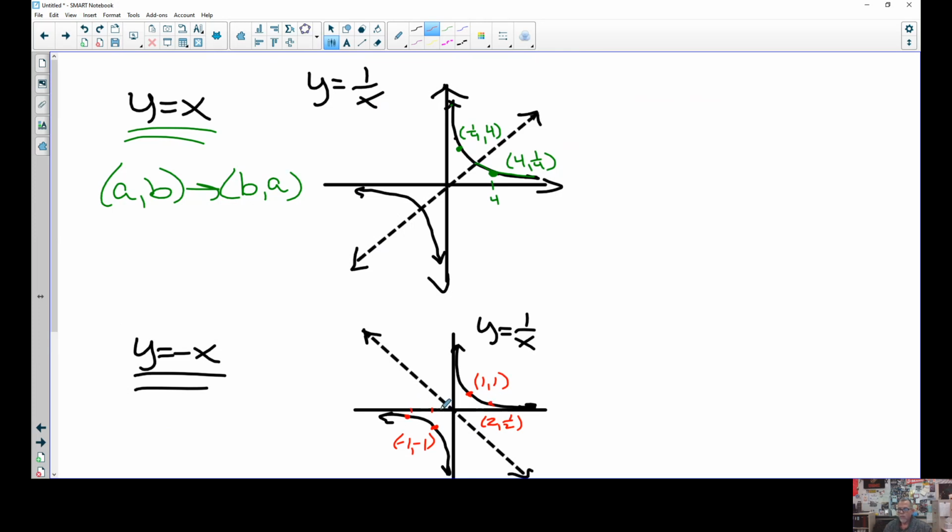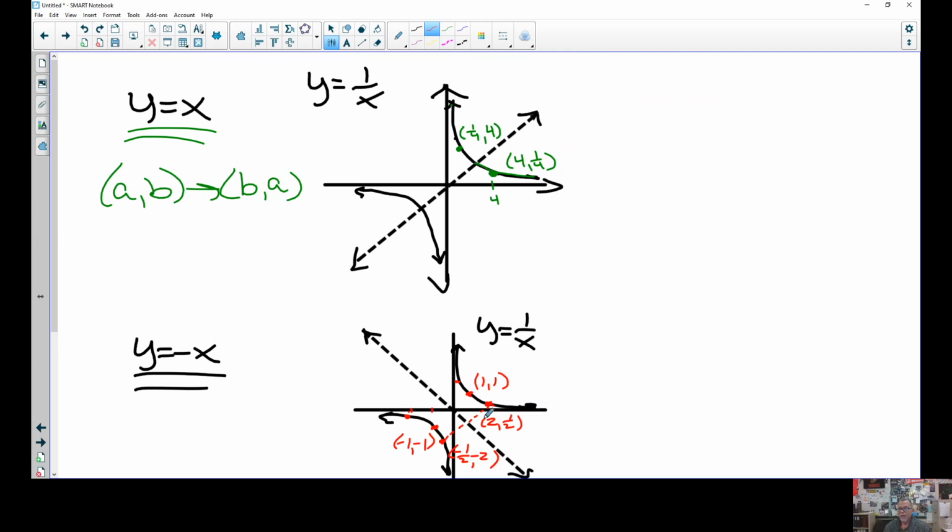But is that this reflected point? No. In fact, what you're going to find is this is the reflected point for up here, where we're at 1/2, 2. The reflected point for 2, 1/2, remember, we have to reflect straight across this line. So when we reflect straight across this line, if we were to fold this point, 2, 1/2 would show up here, which is in fact -1/2, -2.